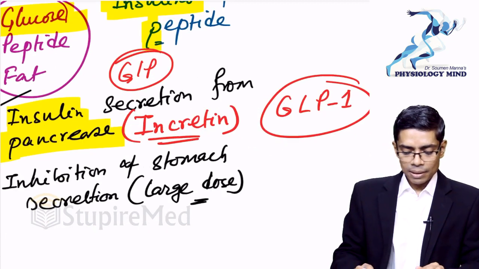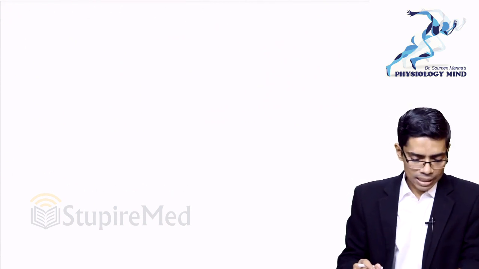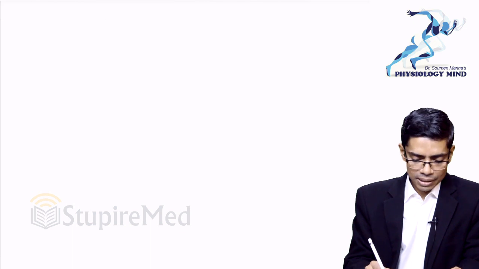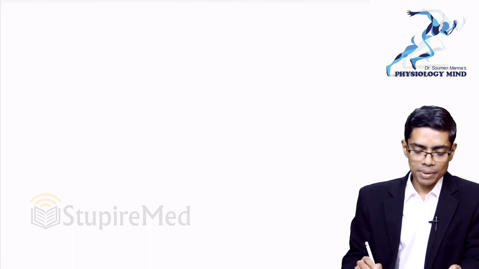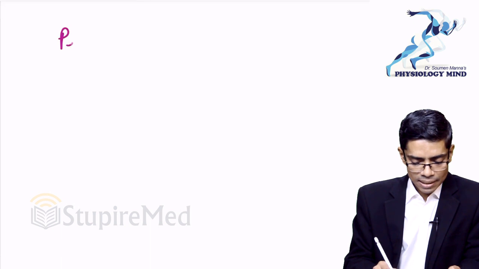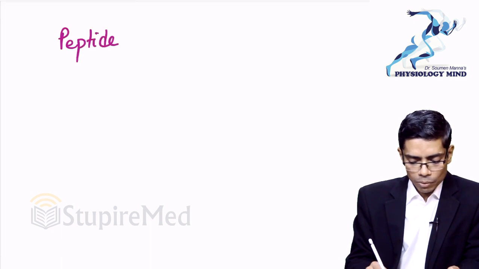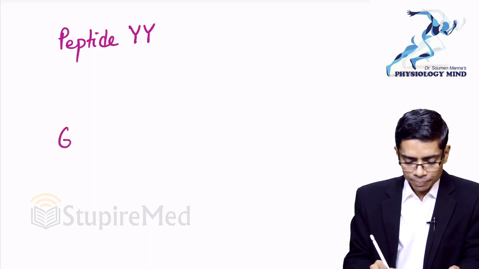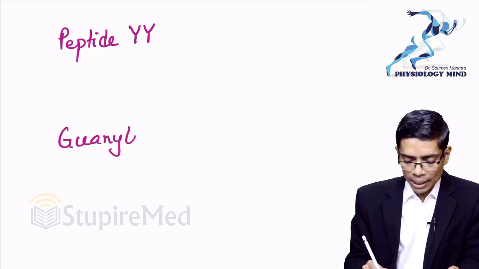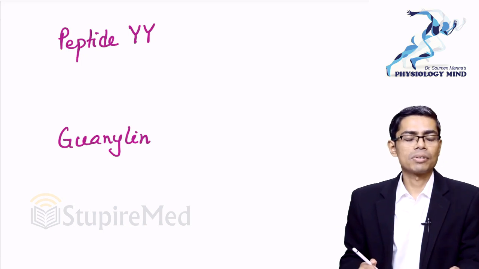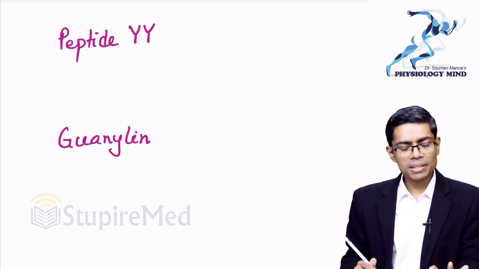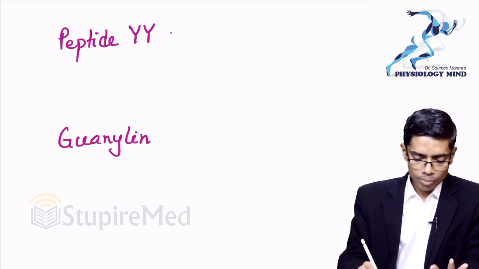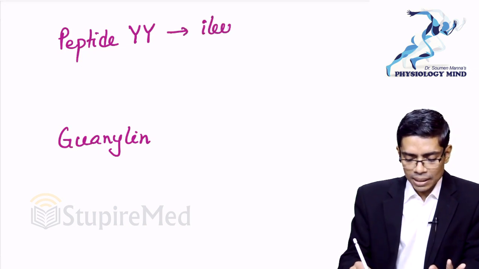Am I clear? Now apart from this, if you want to remember certain other hormones which are not very important for MCQ purpose, remember peptide YY and guanylin. If you are able to remember these 2 hormones, it's good. Both of these hormones are produced from ileum and colon.